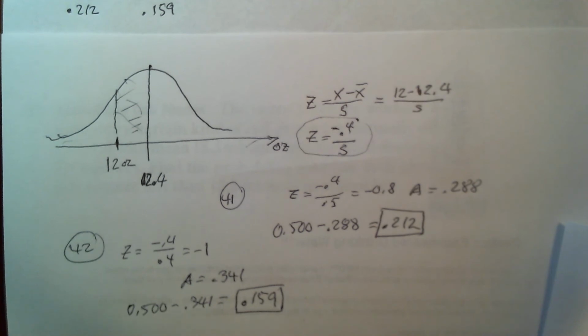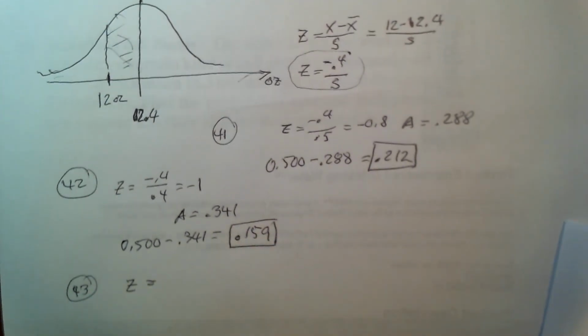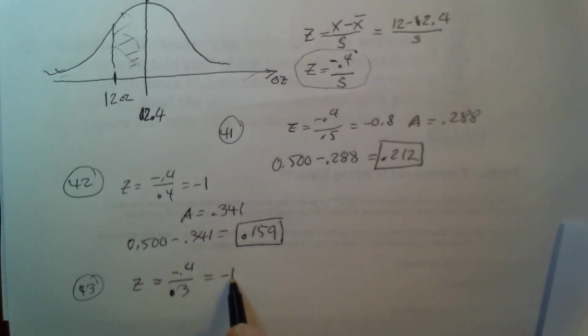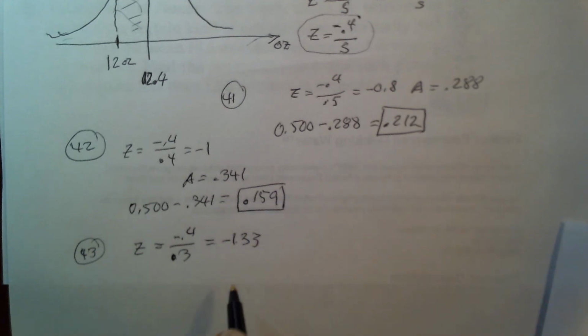Z is equal to minus 0.4 divided by a standard deviation, in this case 0.3, which is minus 1.33. And the area corresponding to that is equal to 0.408.